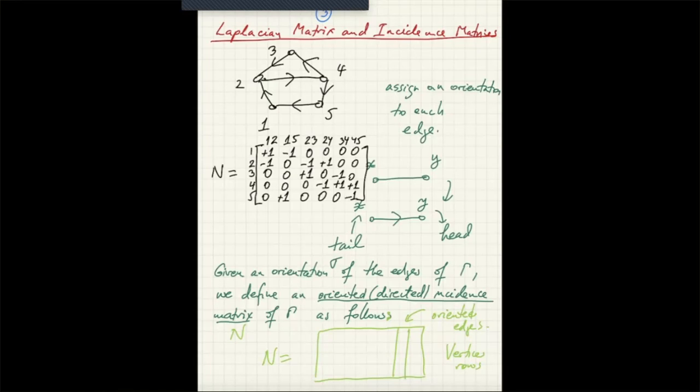Okay, so you can think of this matrix as taking the usual incidence matrix that had just zeros and ones, which we used when we did the handshaking lemma. Here we're not going to have loops.